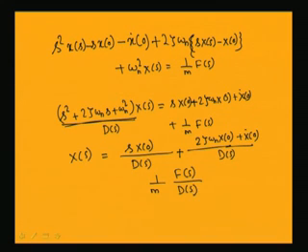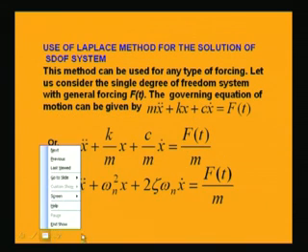To find x(t), I can find the inverse Laplace of these 3 terms: the inverse Laplace of s x(0) by D(s), then the second term and the third term, and add them to find the total response of the system. So, let us take the first term.